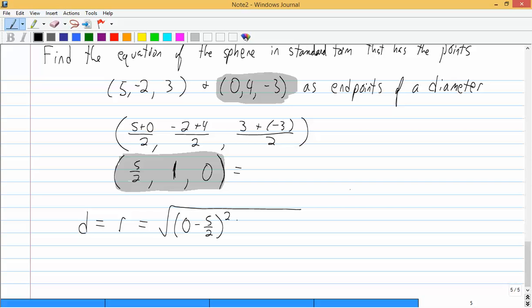0 minus 5/2 squared plus 4 minus 1 squared plus negative 3 minus 0 squared. Alright, so that's going to be the square root of negative 5 halves squared, that's 25 over 4, plus 9 plus 9.